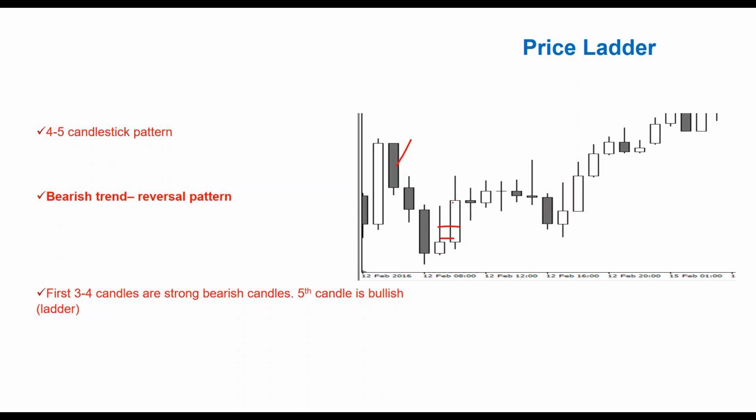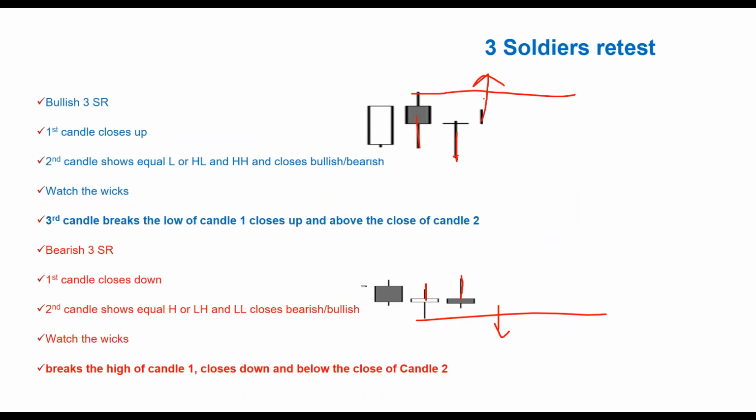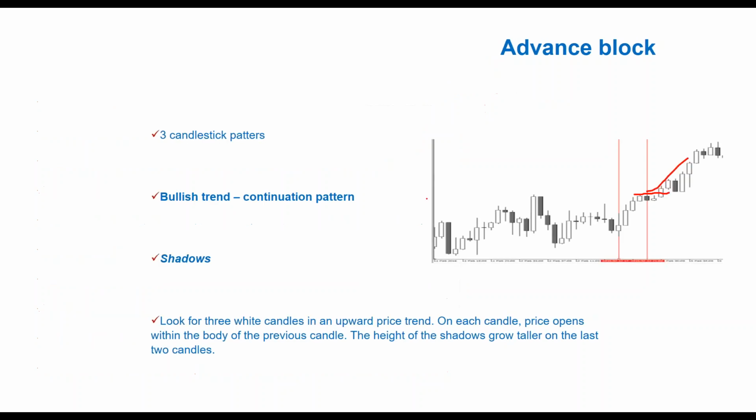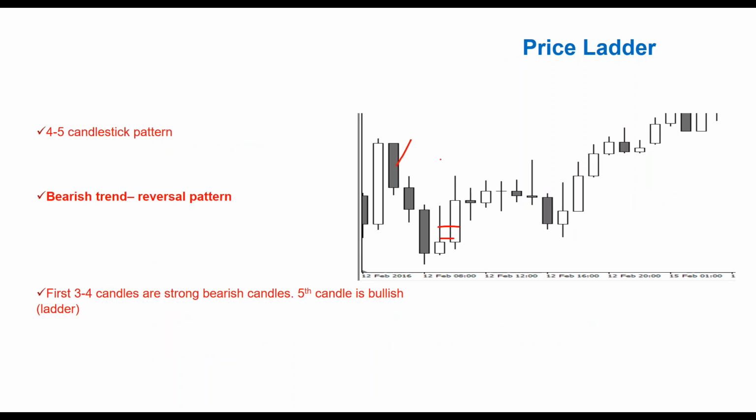So always wait for a break of the prominent swing high or low of the candlestick to enter the market. In this example, this is the swing high where you enter the market. In this example, this is the swing low. The price should break it by 2 pips, including spread, guys. Don't forget to include the spread. Advanced block also needs to break this candlestick high. And price ladder needs to break the fifth candle.